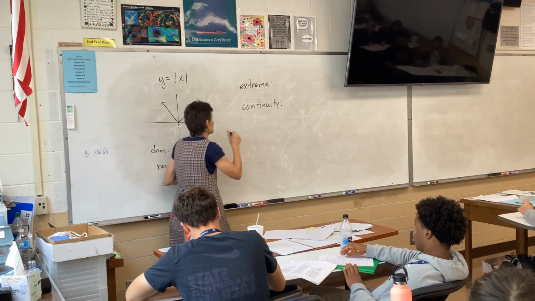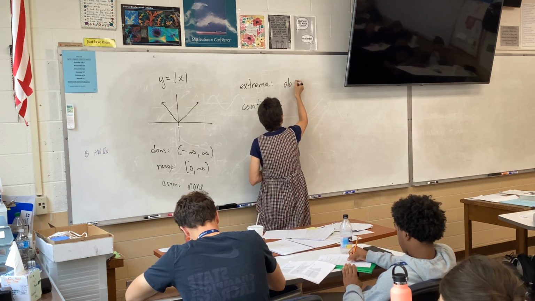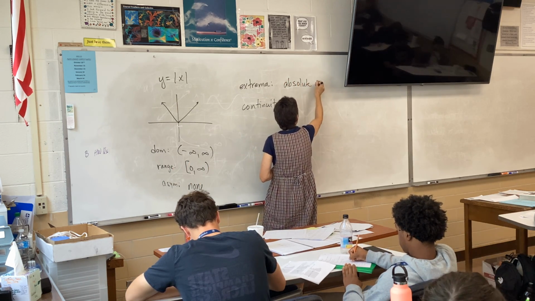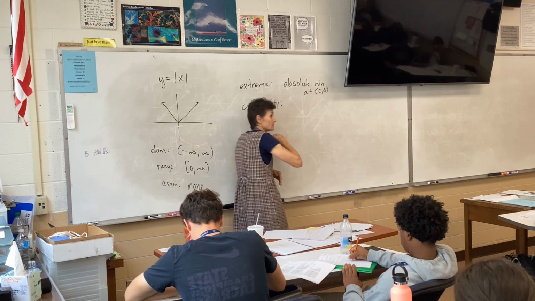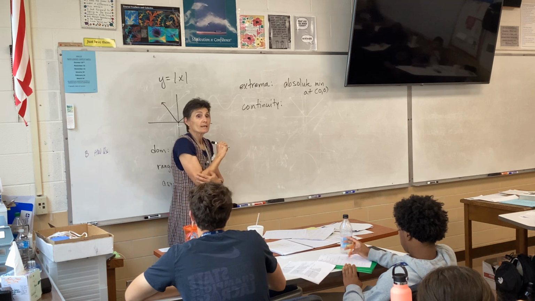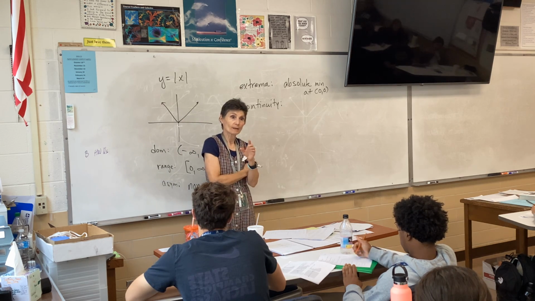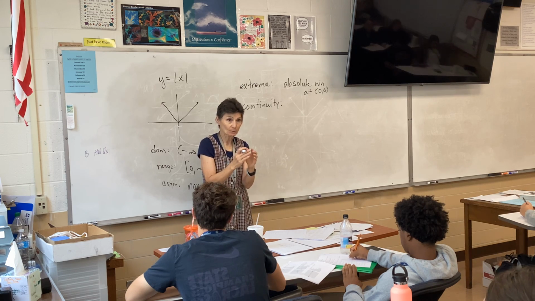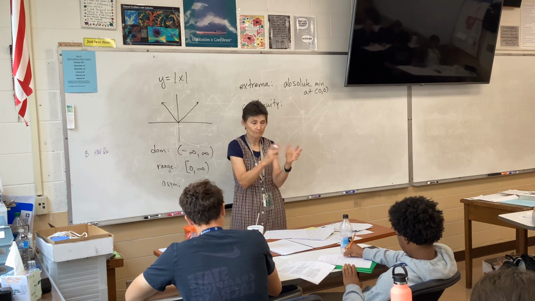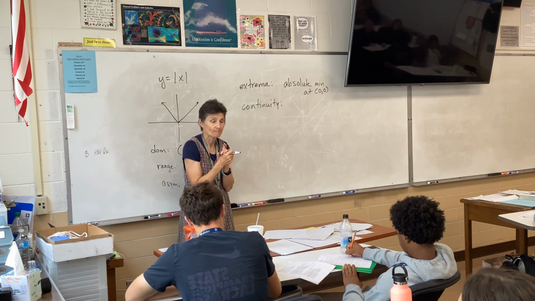Absolute minimum, at 0, 0. Would you be required to say it's also a local minimum? It would be okay to say it's a local or a relative minimum, but that alone would not be enough. You have to have the absolute in there, but if you also called it local or relative, that would be fine.